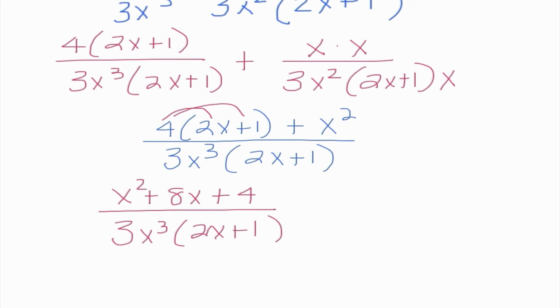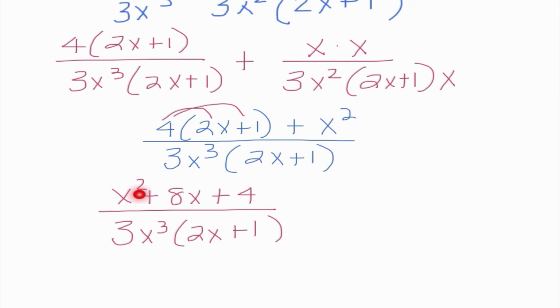Now, I want to leave my denominator like this, because this is the best way to leave it. I need to check whether we can factor this numerator, because this is now a problem like we learned in the last lecture.